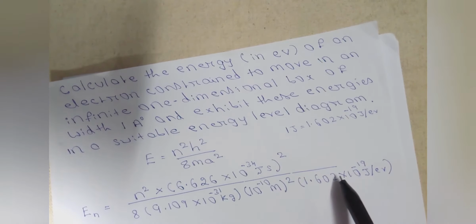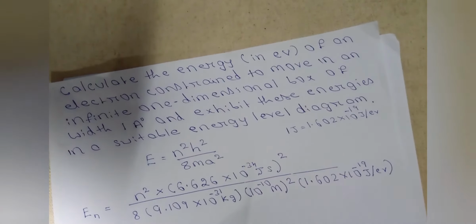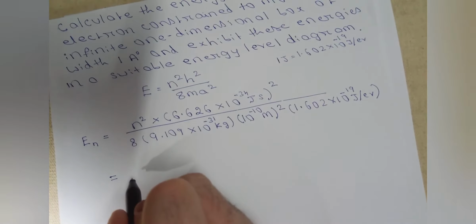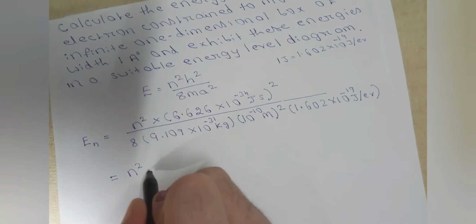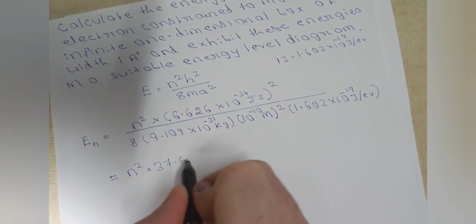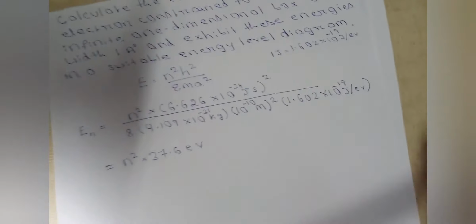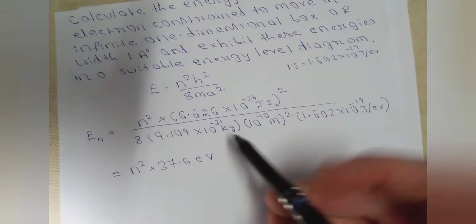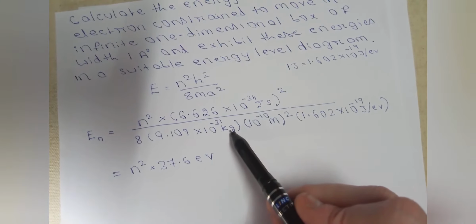Now when we calculate this, the value that we obtain is n square into 37.6 electron volt.